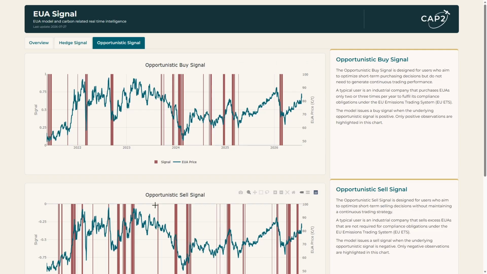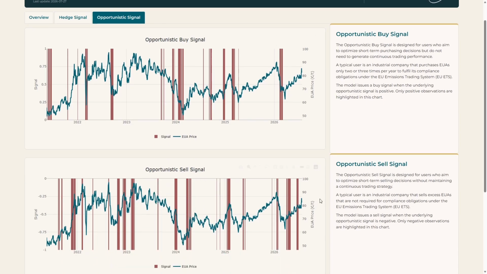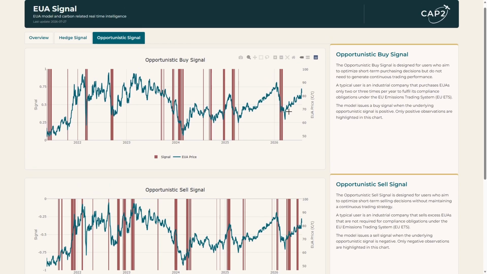And at the same time we have an opportunistic sell signal that would identify moments where it's advisable to sell positions because it's not so likely that in the near future prices will keep on rising. So we are basically here looking for local tops, and in this case we are looking for local bottoming out situations where prices tend to go up after having reached that moment.